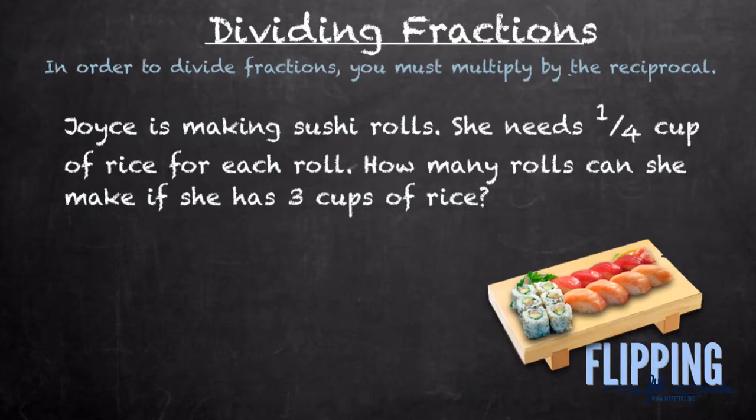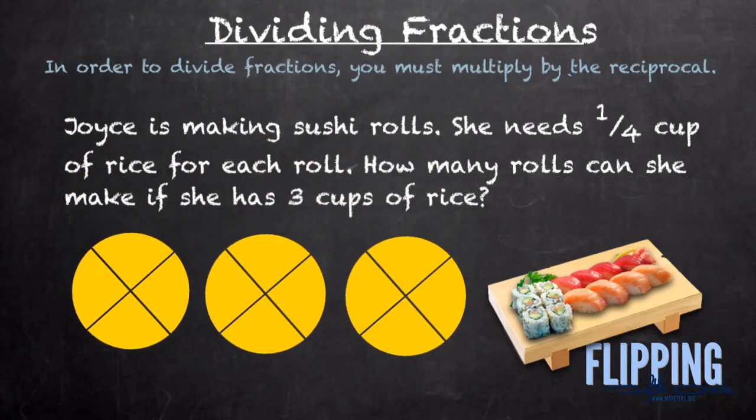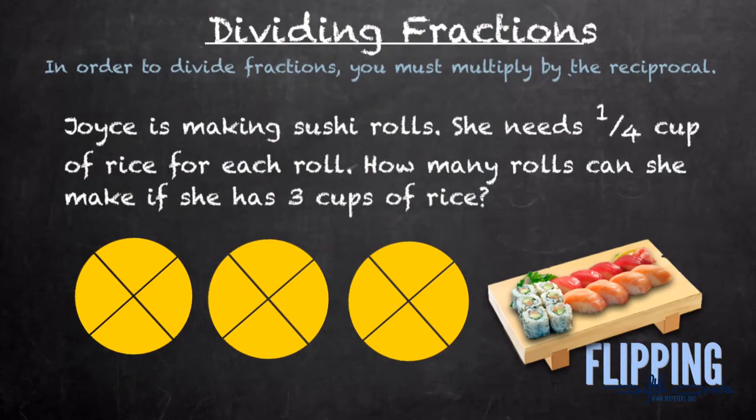Well, to simplify this, really I'm just going to show you a really basic diagram. Here are 3 circles. Each one of these represents 1 cup. Okay, so there's our 3 cups. Now look what happens when we split each of them into fourths. It shows us how many we need.